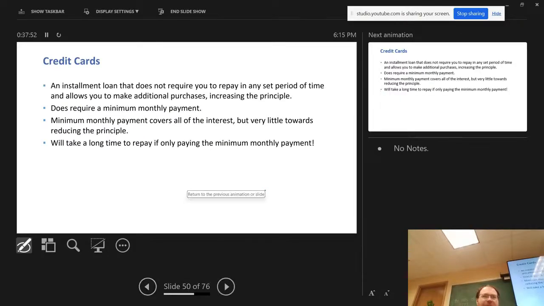Okay, credit cards is a big one. The dangerous thing with credit cards is that you can keep buying things as you're paying things off. There's typically a minimum monthly payment.